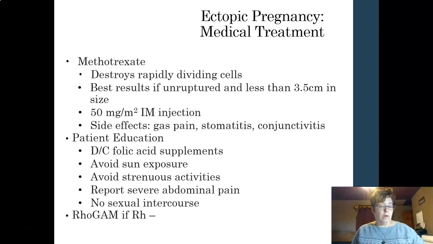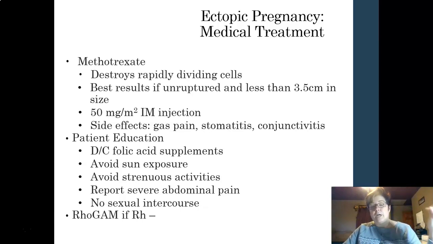Treatment. There are 2 treatment modalities, either medical, pharmacological, or surgical. In the U.S., we tend to surgically treat ectopic pregnancies. Medical management is more common in European countries. They can be treated with a medication called methotrexate that is given as an IM injection.